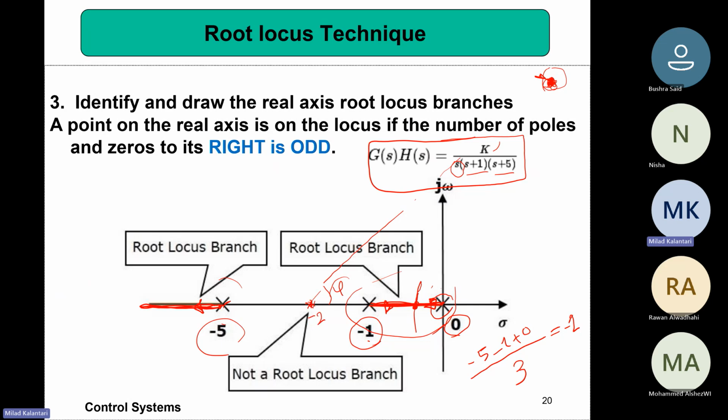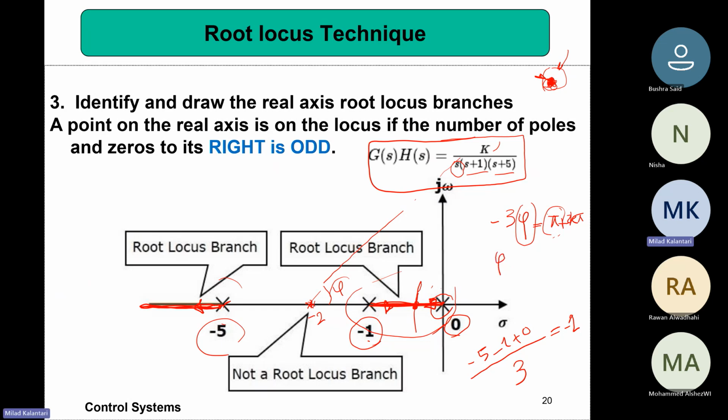So basically the phase of this point is negative 3 times phi, right? And this negative 3 times phi should be pi plus 2k pi. We are looking for the phi that provides the negative sign.